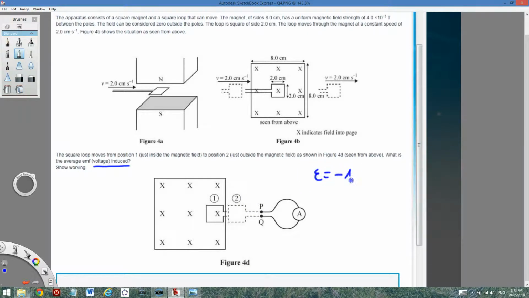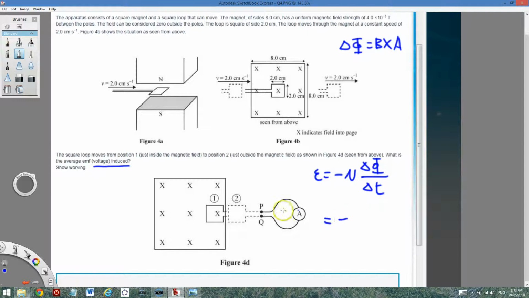EMF is minus N times the change of magnetic flux over time, where N is the number of wires. We don't have it, so N is 1, and the magnetic flux is basically the magnetic field times the area.